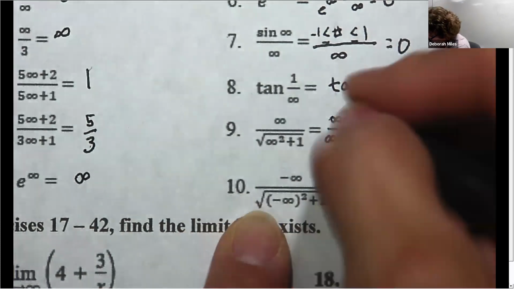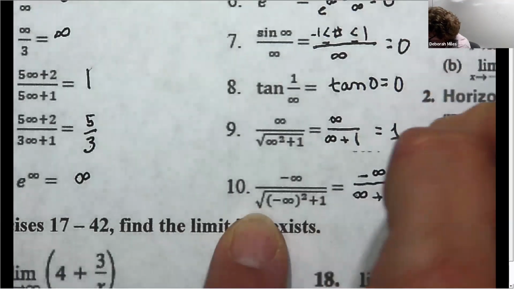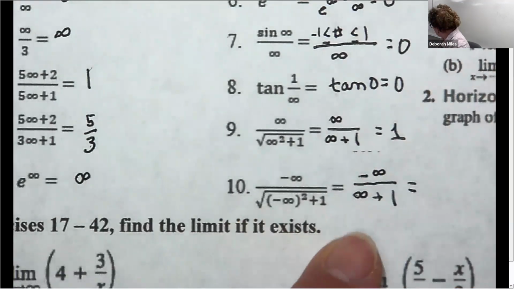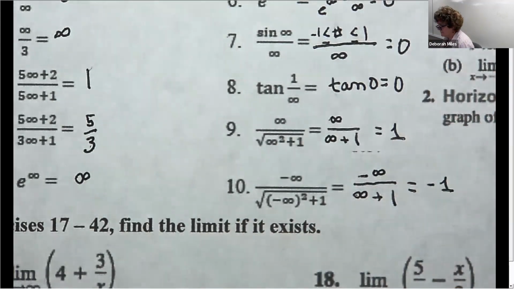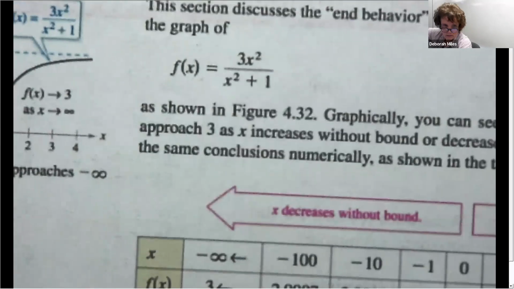The numerator is negative infinity. And negative infinity divided by infinity plus 1 is darn close to negative 1. All right. So you see how we're going to think about it. All right, let's look at some of the notes, or probably all of the notes on this page.